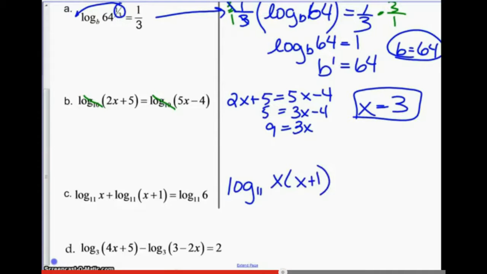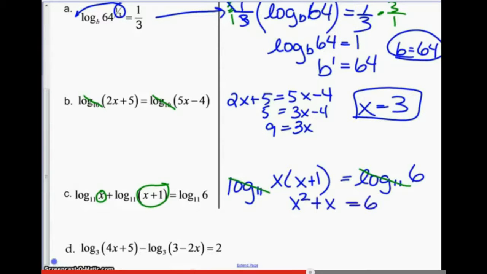What I did here is take the separate logs and condense them into one log, and that's going to equal log base 11 of 6. So this log base 11 and this log base 11 essentially cancel each other out, and I have x times x plus 1 equals 6, or x squared plus x equals 6.